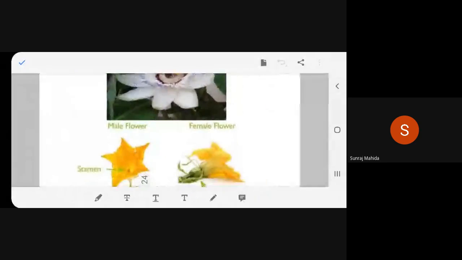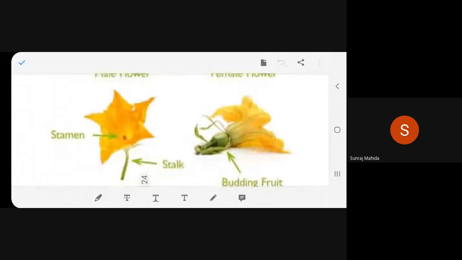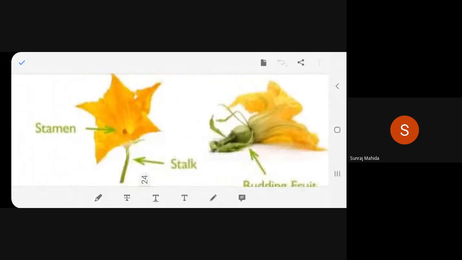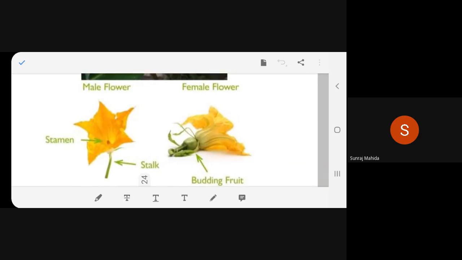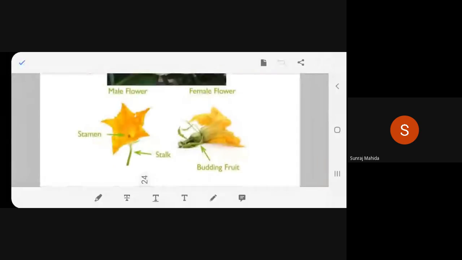Now we see a male flower. Can you see this male flower? These are all stamens. And look at this. Because the female flower will only give fruits, remember that. So this swollen part is a fruit. Can you see this?